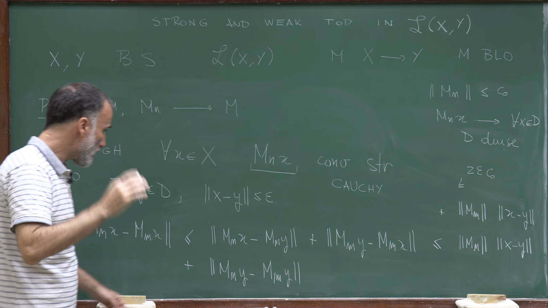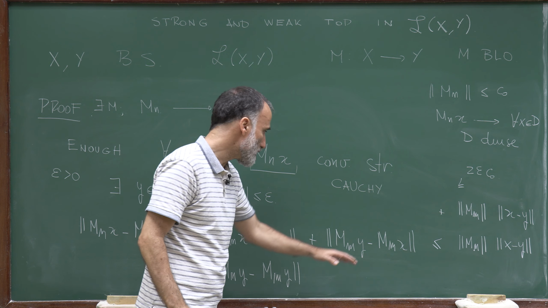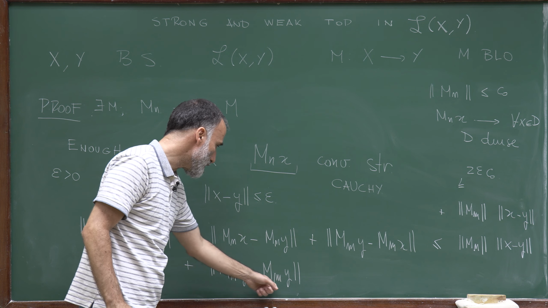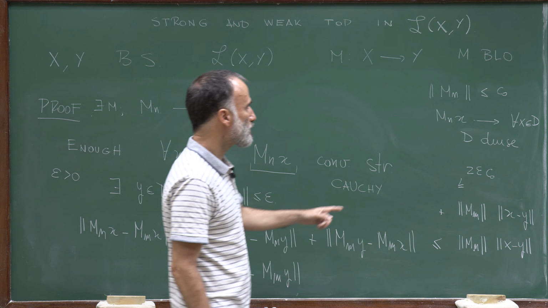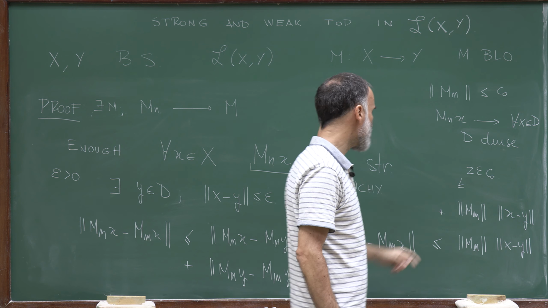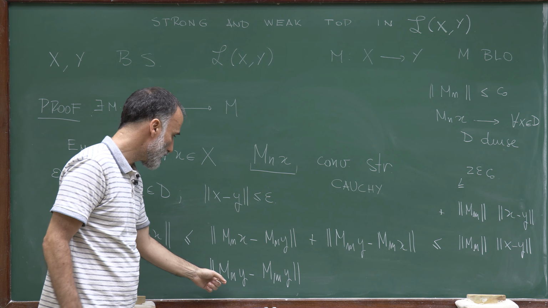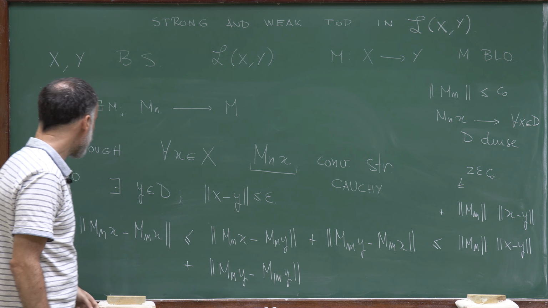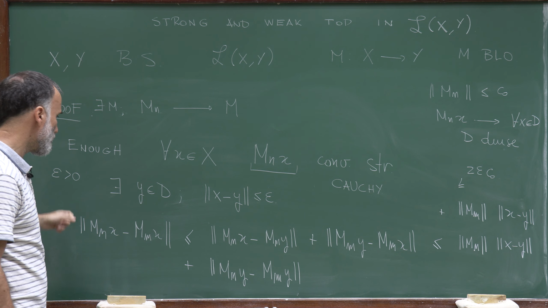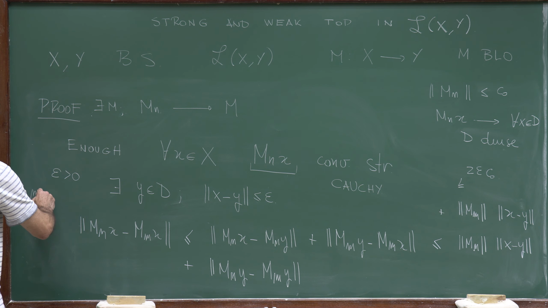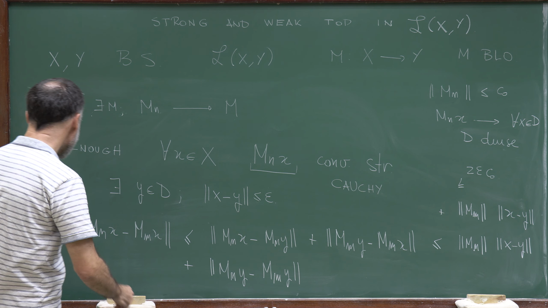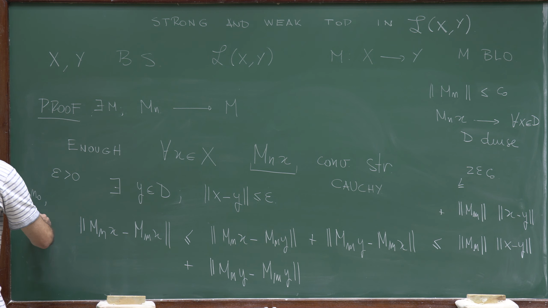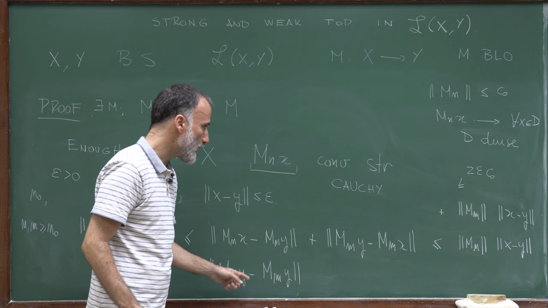Fine, but now x disappeared from our estimate. It remains this last term, but y is an element of D. So we know that Mn y is converging. Since it's converging, it's Cauchy. Which means that given that epsilon, we can find n0 such that if n and m are larger than n0, this difference is bounded by epsilon.